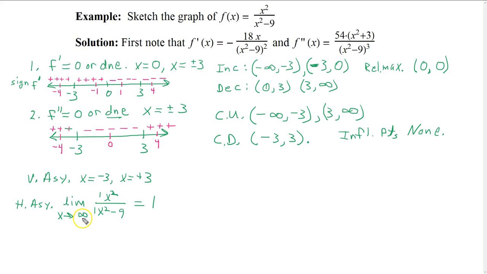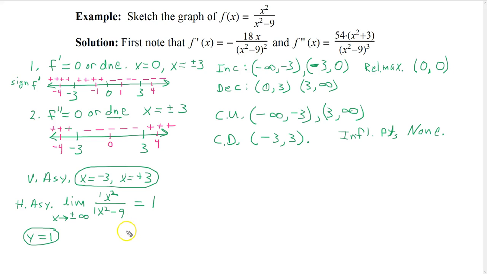And that's true for negative infinity as well, so we could just write here plus or minus infinity. So we have a horizontal asymptote of y equaling 1. That's our horizontal asymptote. And here are the vertical asymptotes up here.